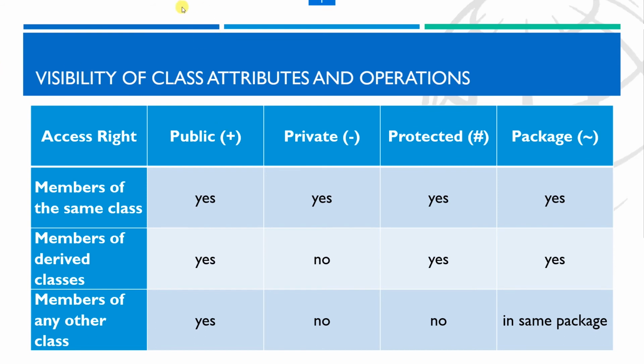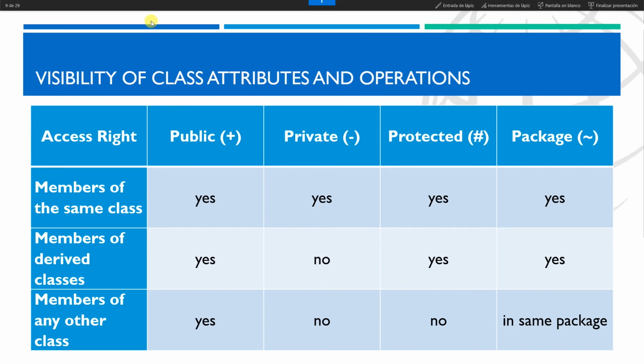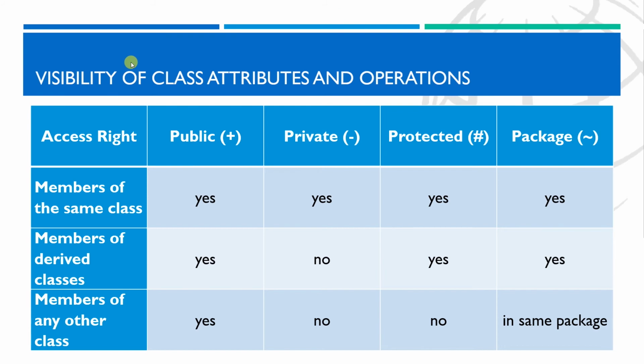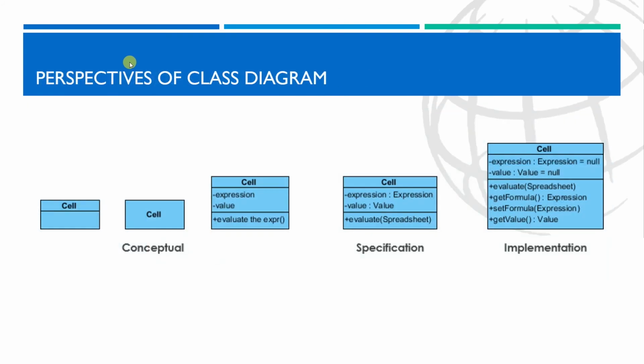Now we need to know about the perspective of a class diagram. The choice of perspective depends on how far along you are in the development process. During the formulation of a domain model, for example, you will seldom move past the conceptual perspective.